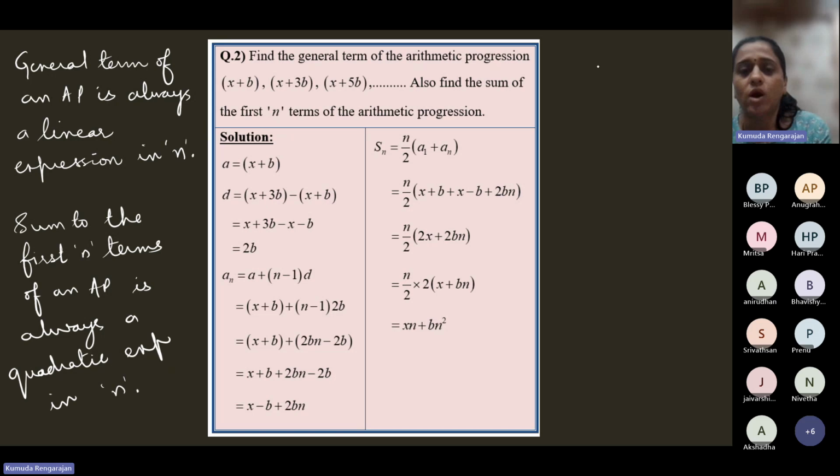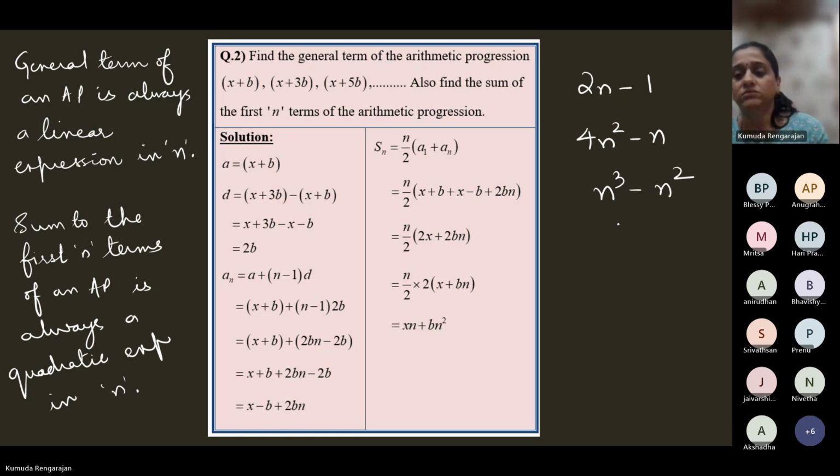Now, supposing I give you a few options like this: 2n minus 1, 4n squared minus n, n cubed minus n squared, n, and 5n cubed minus 4.